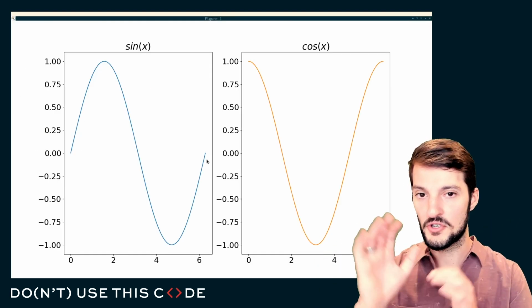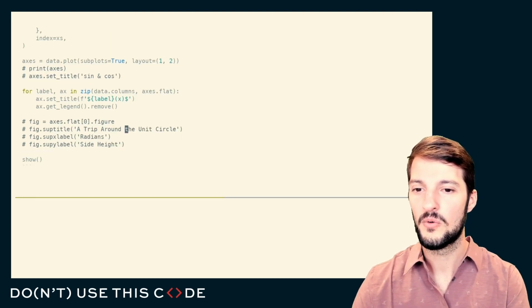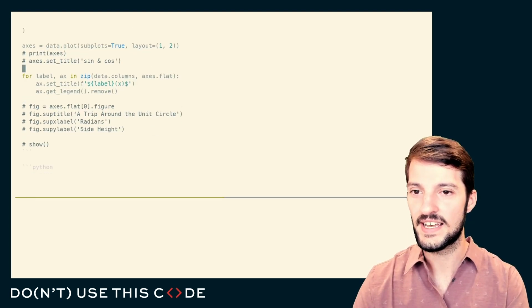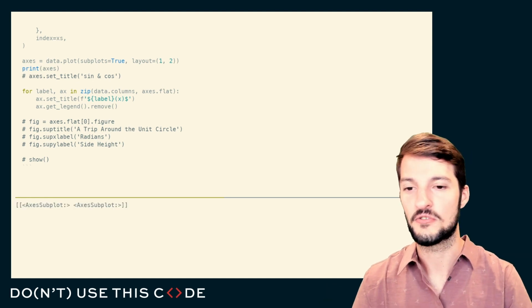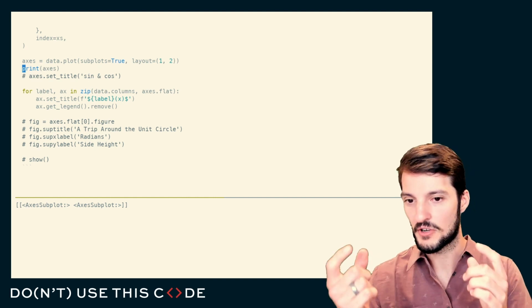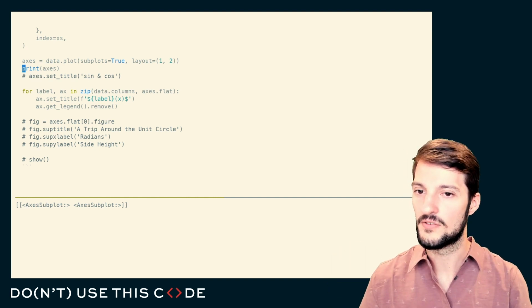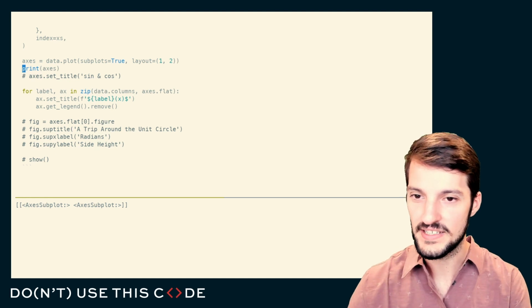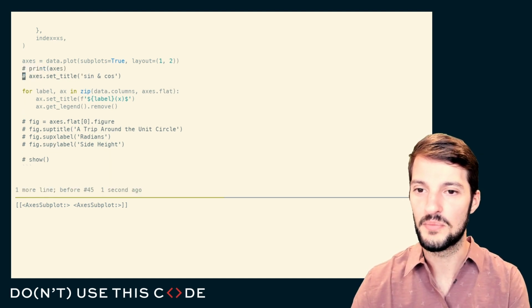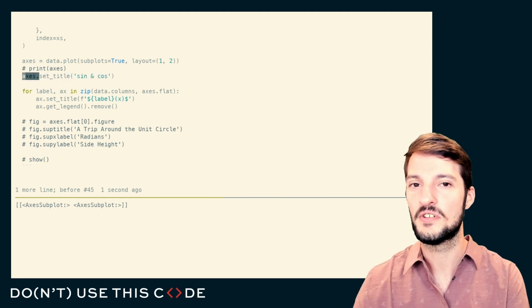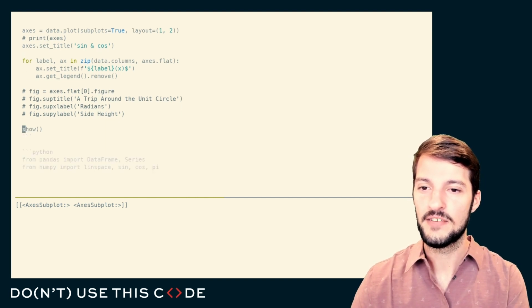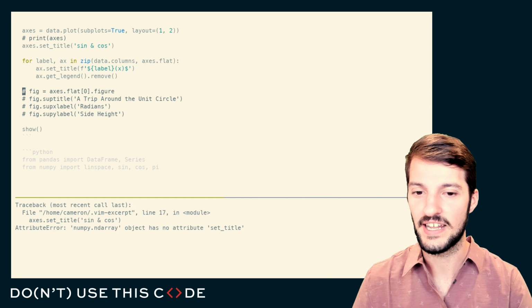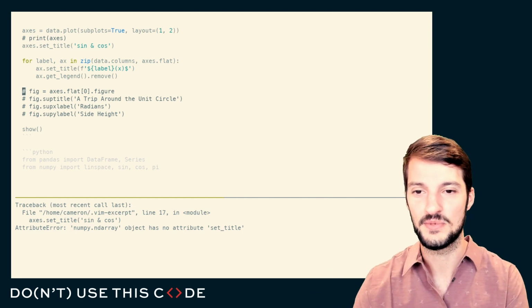You see here I end up with 2 axes, but what I want to highlight is that when I print this object out instead of showing it as a graph, you can see that it's a 2-dimensional array of axes objects. What this means is that I no longer have the ability to use .set_title, because this is not a single axis, this is many. Even when I try to use set_title, I get an error. It says numpy ndarray has no attribute set_title.